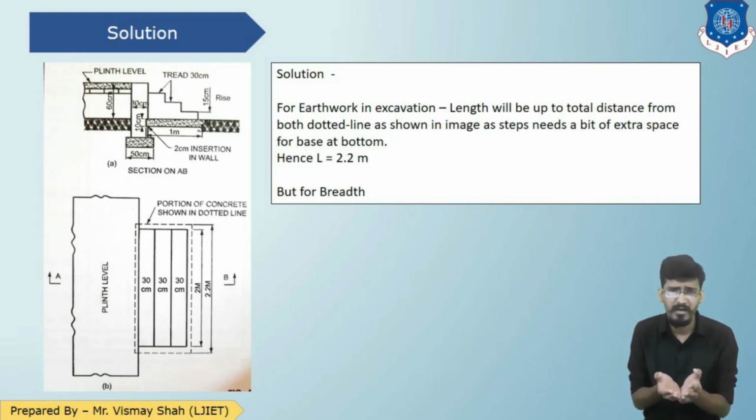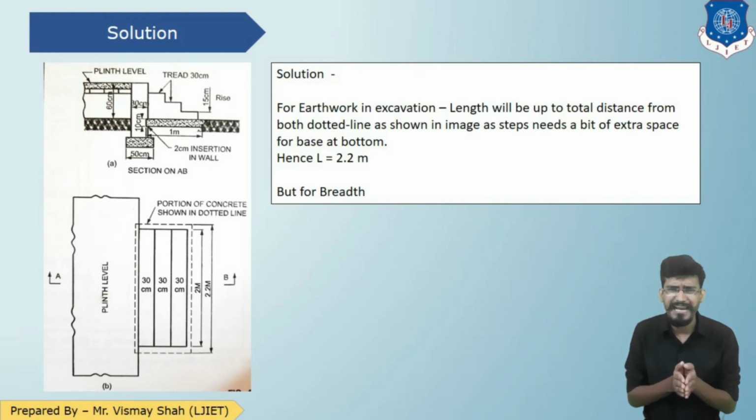So that base of concrete is a little extra. So this dotted line is representing that extra portion for the footing of the steps. The original width of the step is 2 meter and the dotted length of that step footing is 2.2 meter. So there is 0.1 extra at each side.